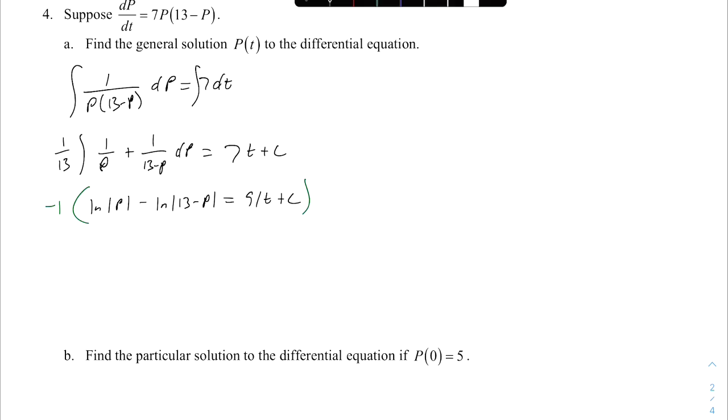My computer's being weird, so you get this screen. I'm sorry. But what mathematicians did is they multiplied the entire thing by -1. And what that allowed us to do is instead we would have ln absolute value of 13 minus p minus ln absolute value of p equals -91t plus c. I'm just going to leave that plus c because it is still just a constant. So if it needs to come out negative, it will. It'll come out whatever sign it needs to.